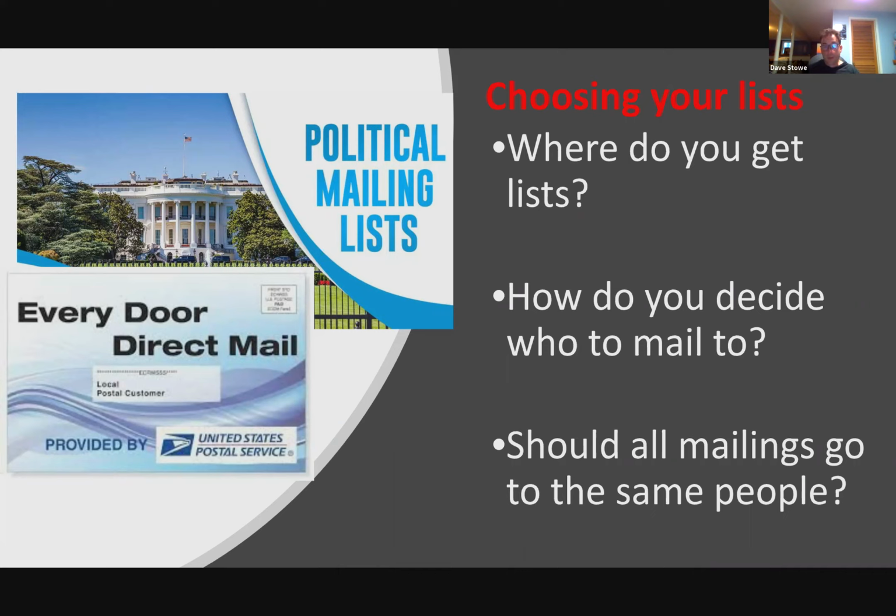Another way to generate a list would be simply for you to start putting together all of your contacts that you would have had initially, and maybe that you've collected from door knocking and other events, and you can generate a list that way. One other way to generate a list, it's actually mailing without a list, is called EDDM service. EDDM is Every Door Direct Mail.